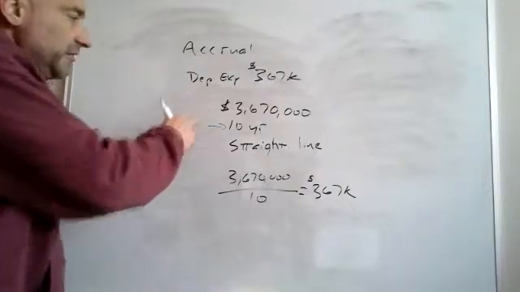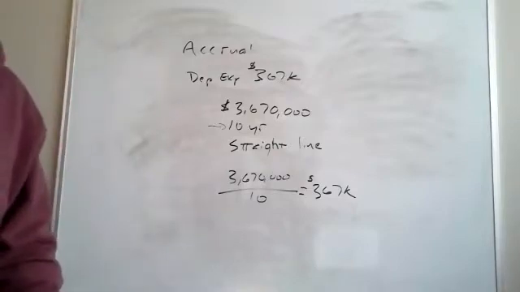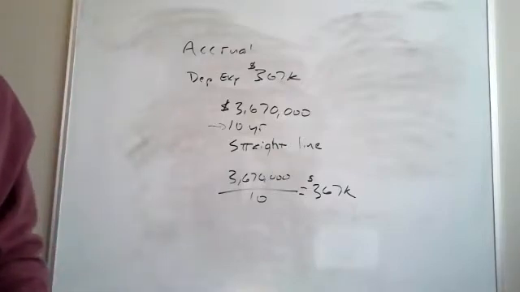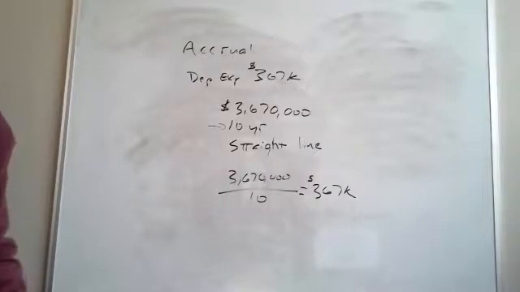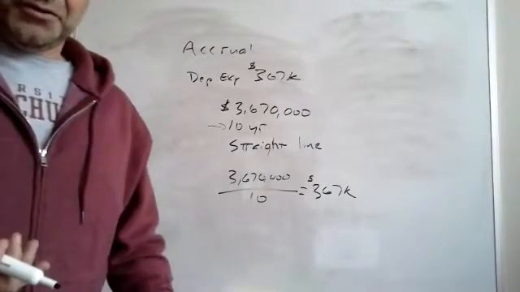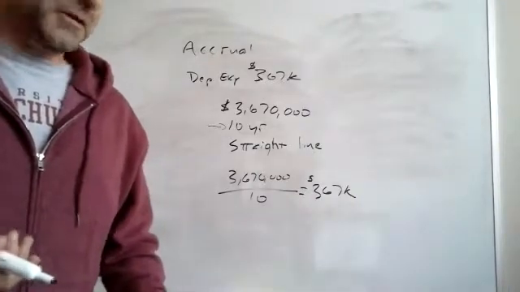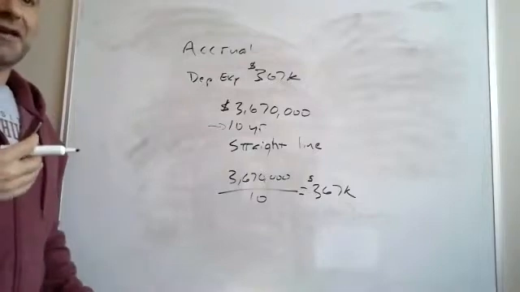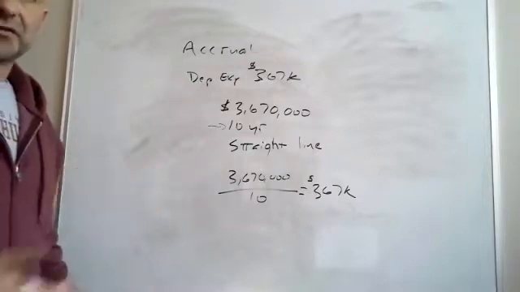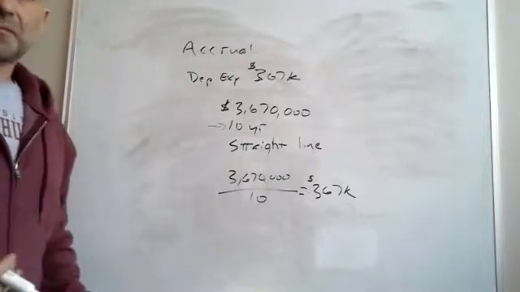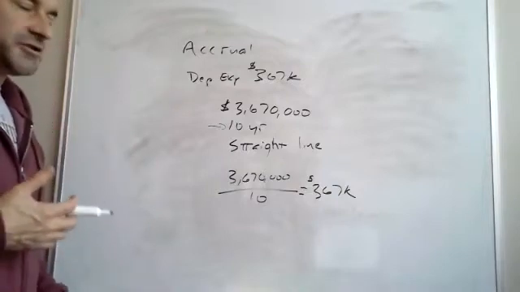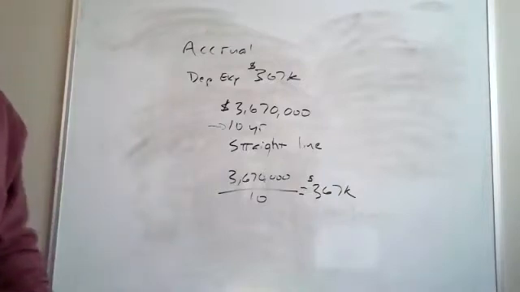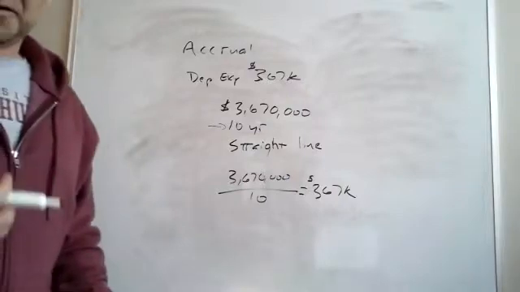If we charged ourselves the full $3.67 million during the first year, it would grossly distort the fact that we really only used up a little bit of the value of the equipment in the first year, and then gave our following years free use of it.